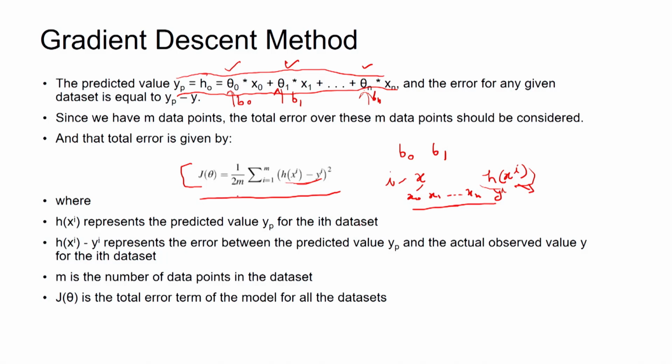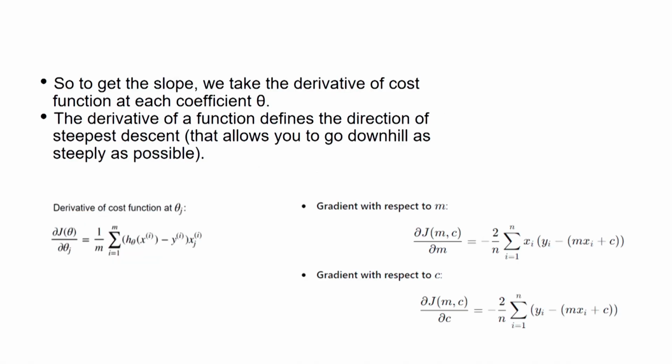Now we can say, using the gradient descent method, we will check how to find these parameter values such that this cost function is minimum. Here in the gradient descent method, we find out the slope of that curve that we discussed in the last lecture.